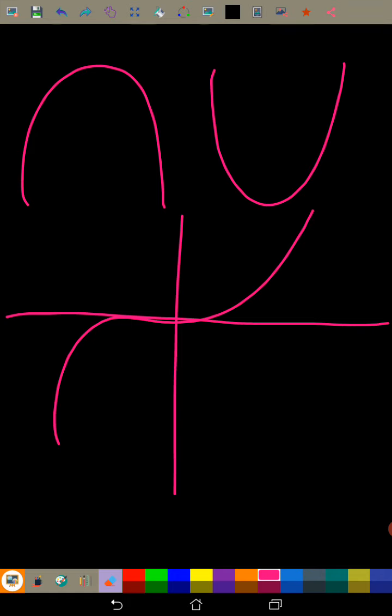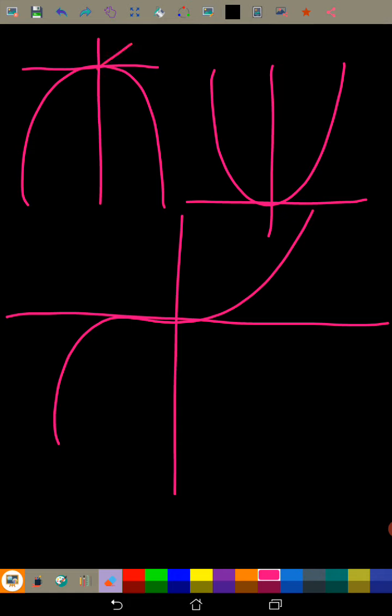We have something like this. We have something like that. So here we have a maxima, and here is a maximum. We call it a maxima. So we have a maximum point. Here we have a minima, and here we have what we call a point of inflection.